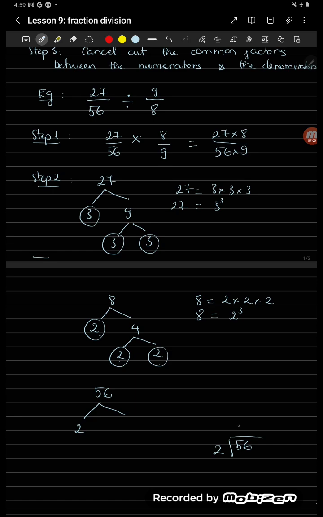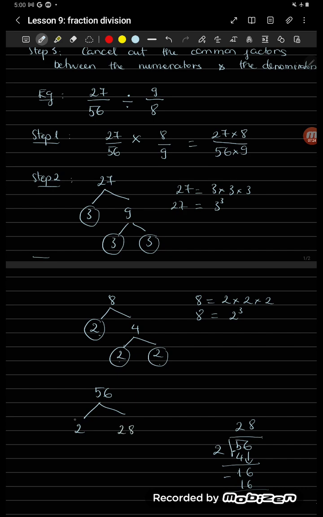So 5 divided by 2 is 2. 2 times 2 is 4. 5 subtract 4 is 1. And then we bring down number 6. So 16 divided by 2 is 8. 8 times 2 is 16. So 16 subtract 16 is a 0 remainder. So yes, 56 divided by 2, the quotient is 28.